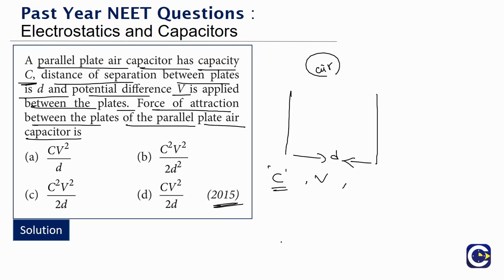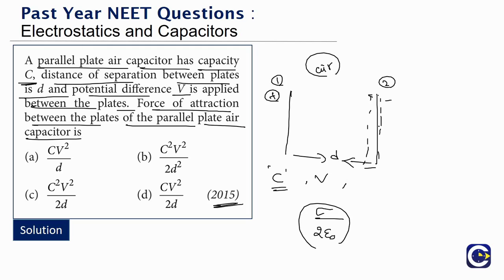Now for the field developed, let us call these plates plate 1 and plate 2. The field developed by plate 1 at the location of plate 2, because one of the plates will be positive, other will be negative, will be sigma by 2 epsilon naught.